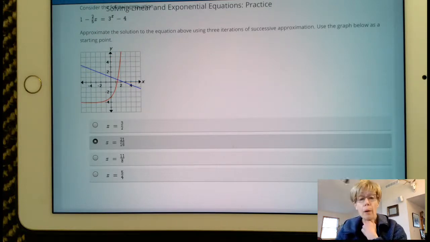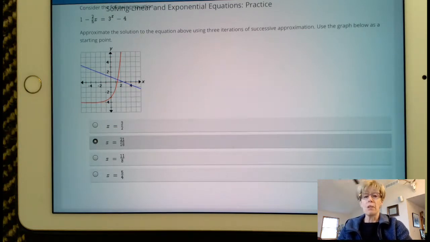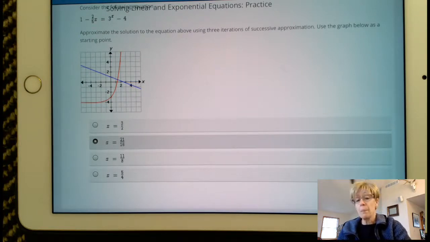So if you are watching this video and you can get the pink or the green underneath and send me a couple screenshots, I would really like to know where I made my mistake. My process is correct. I just wish that I could have gotten the problem correct. I don't know if Edmentum maybe got the wrong answer. But again, any help that you can give me, I would really appreciate it.